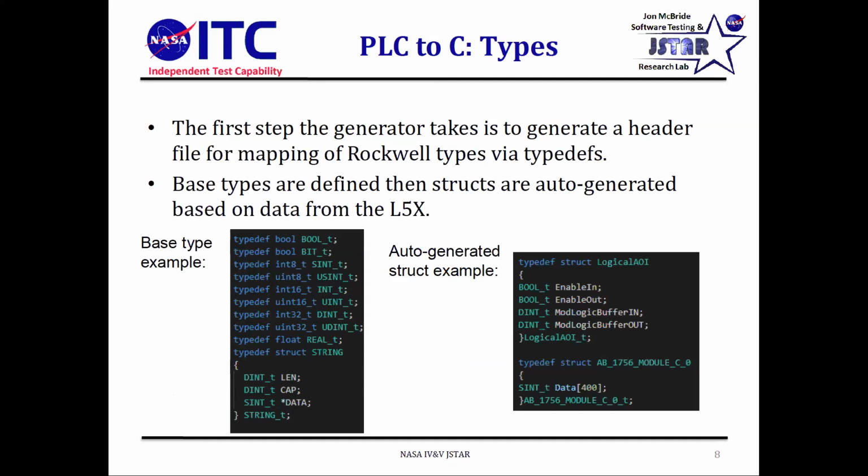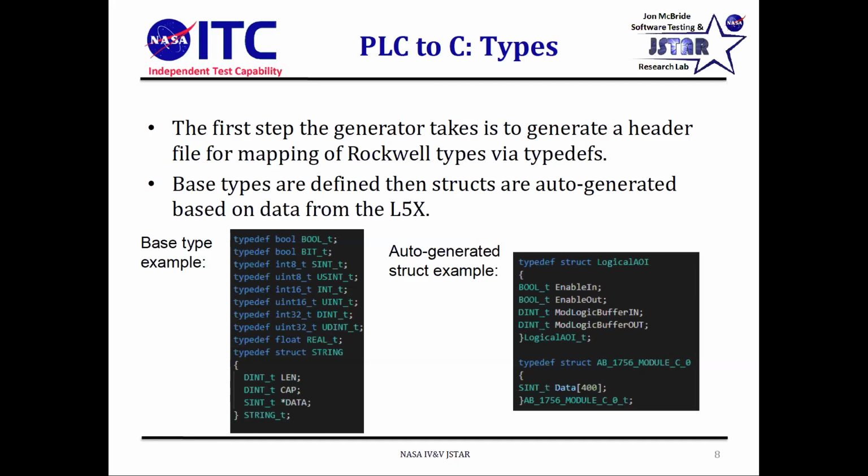So the first step in generating this PLC code to C was creating a map of types. You can see here, you've got your base types on the left, which we put into a header file to have simple one-to-one matchups of the PLC types to an identical C type.